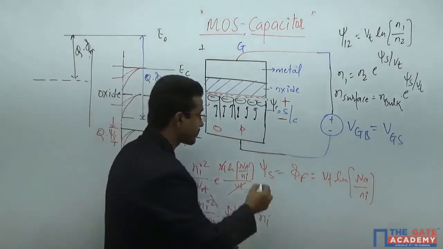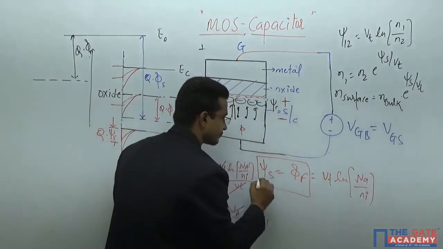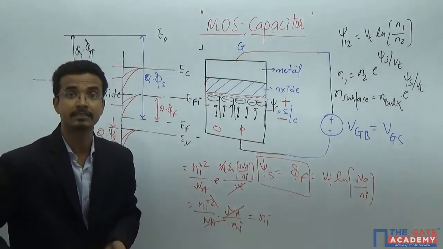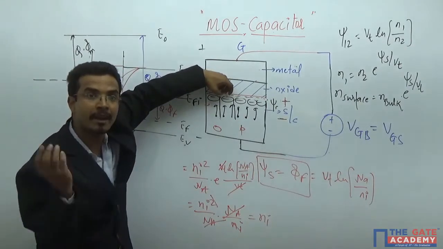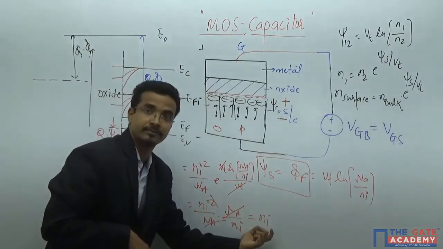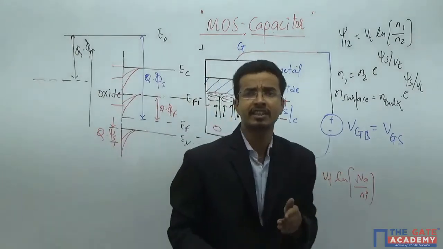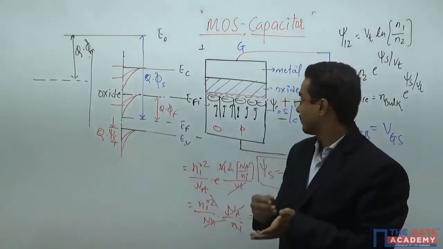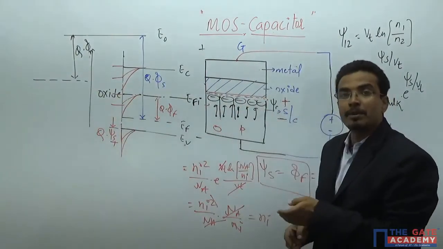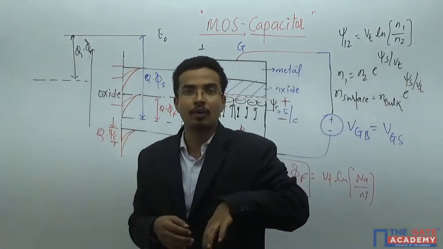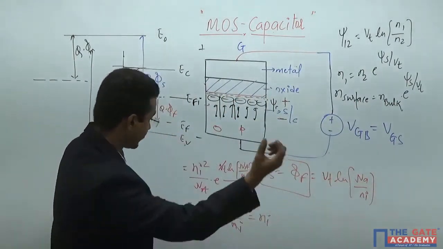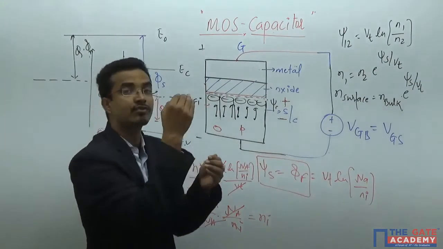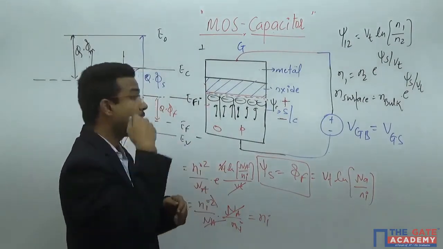At psi S equals phi F, what is the meaning of this? From a p-type substrate, you have made the intrinsic type. That means the hole concentration is decreasing. Yes or no? Because you have decreased the hole concentration from Na to Ni, and you have increased the electron concentration from Ni squared upon Na to Ni.